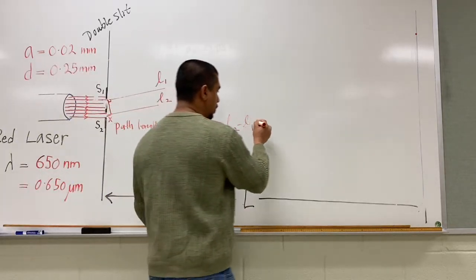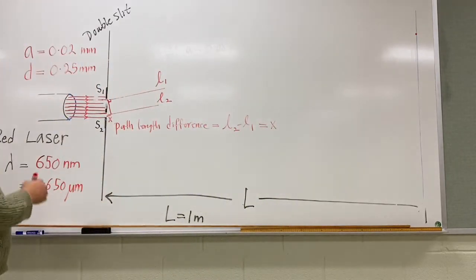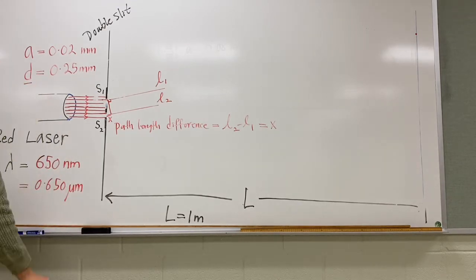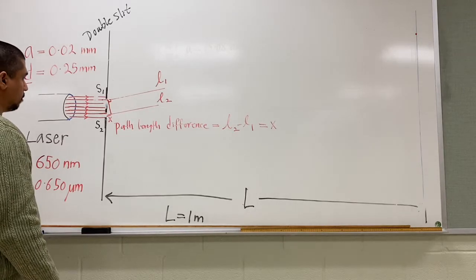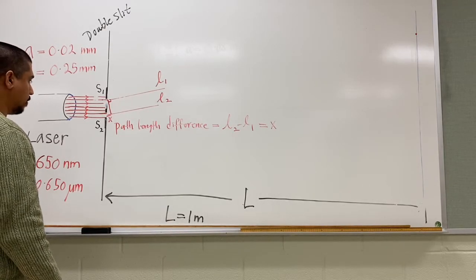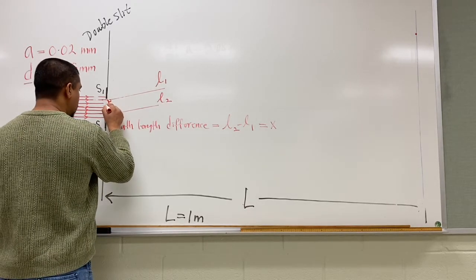What is X? Okay, so I'm going to draw another diagram to get this path length difference in terms of d and theta. Theta is the angle, this small angle.